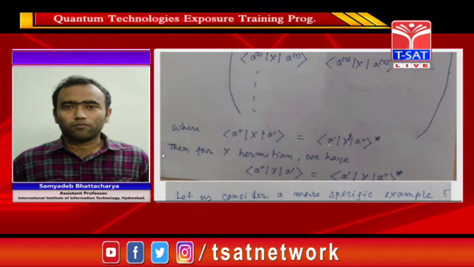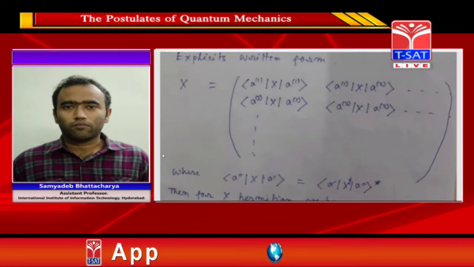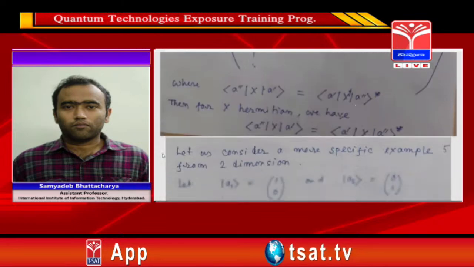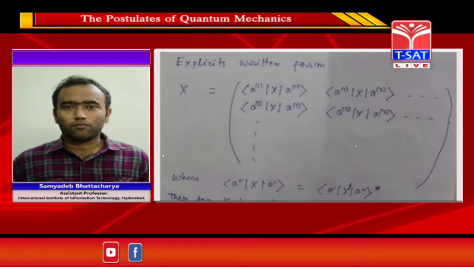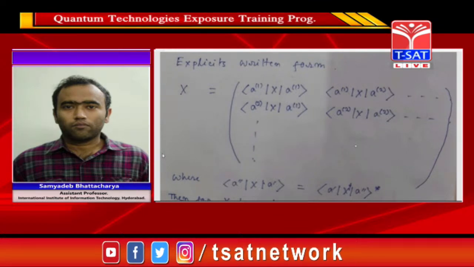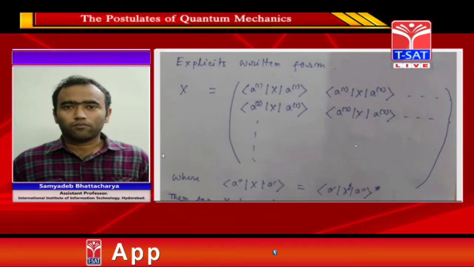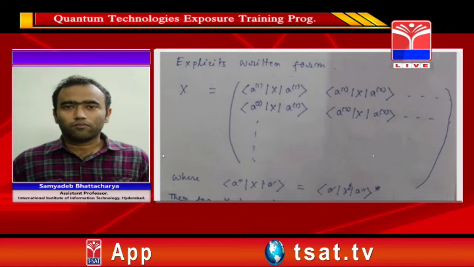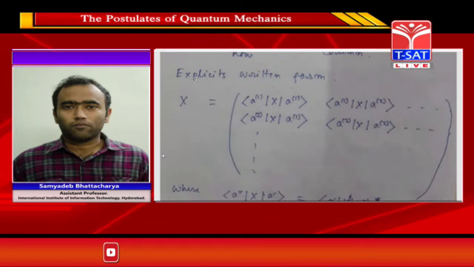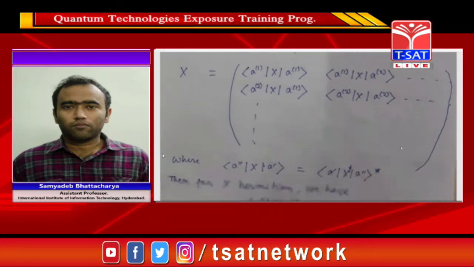For a Hermitian matrix, the cross-diagonal elements are complex conjugates of each other. Remember, even matrices which are not Hermitian have their uses in quantum mechanics, but they are not observables. So this is how a vector or a matrix is expanded in bracket notation.